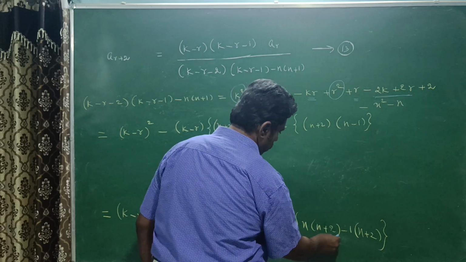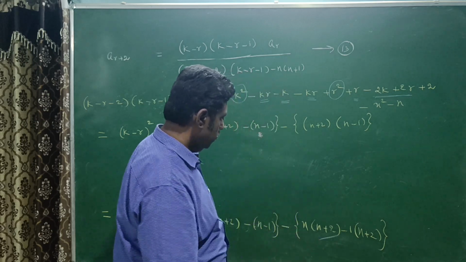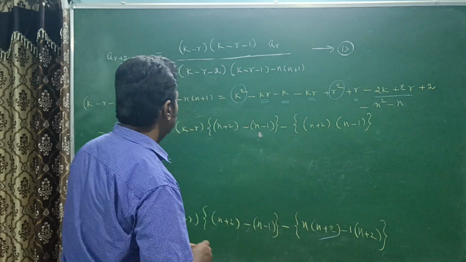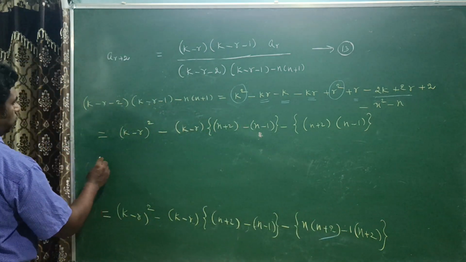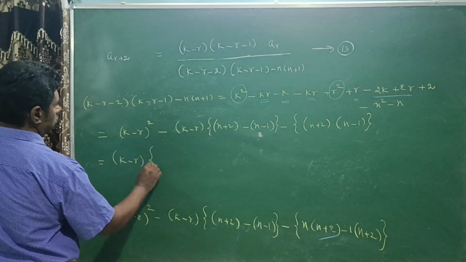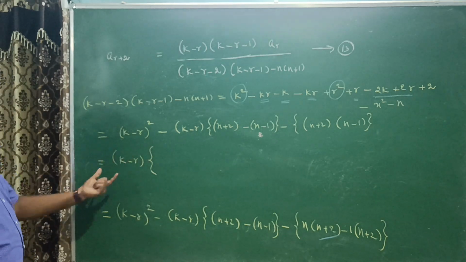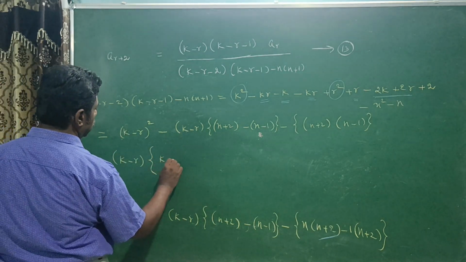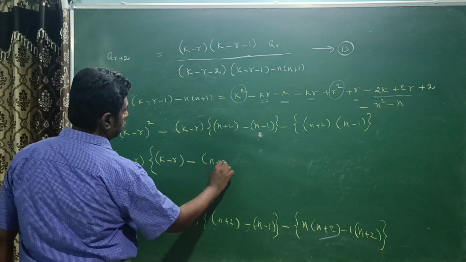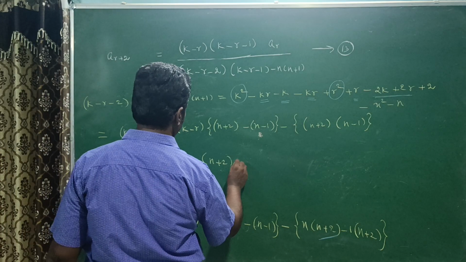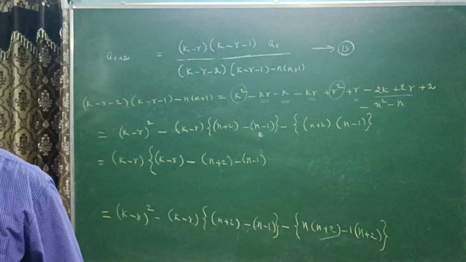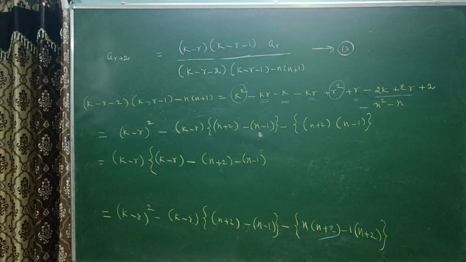So take this n plus 2 outside, n plus 2 into n minus 1. Now take this k minus r outside. If I take one (k minus r), here you can have (k minus r) minus of (n plus 2) minus (n minus 1), or we will give a little bit of modification for this term.